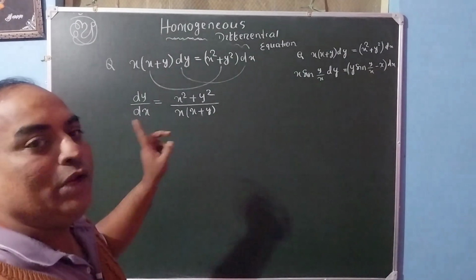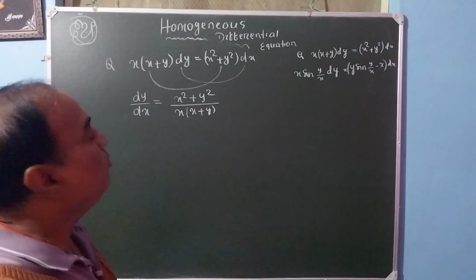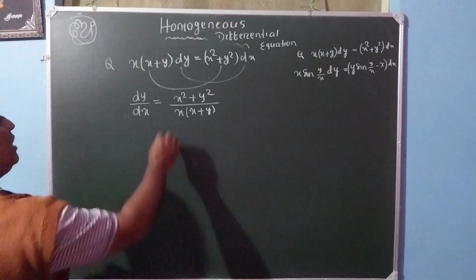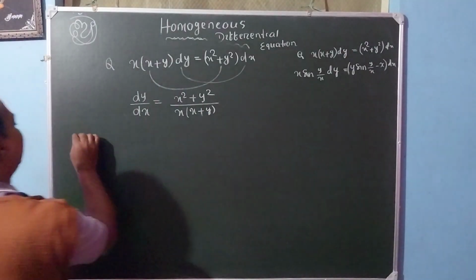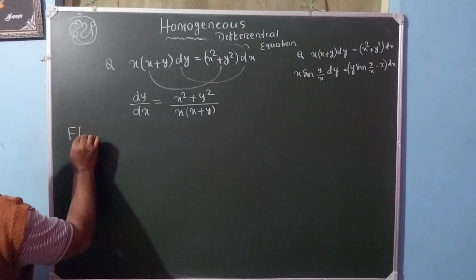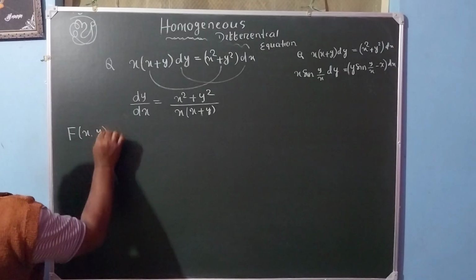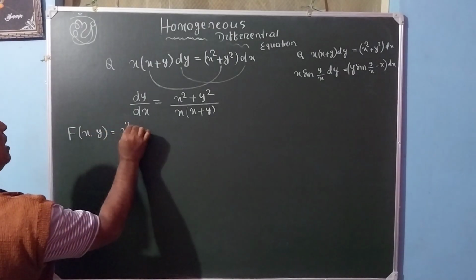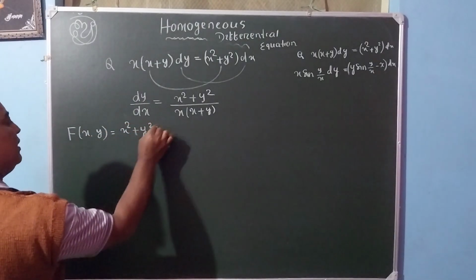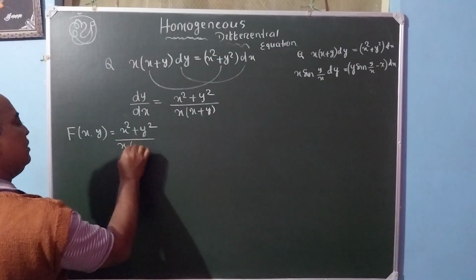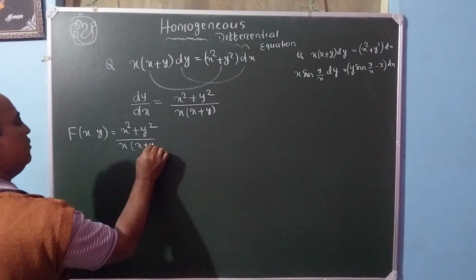How do you check whether it is homogeneous or not? Let us take this as f(x,y). Write down f(x,y) is equal to (x square plus y square) divided by x into (x plus y).